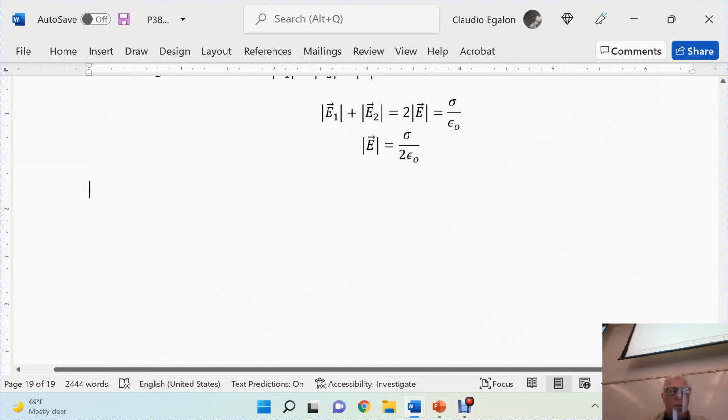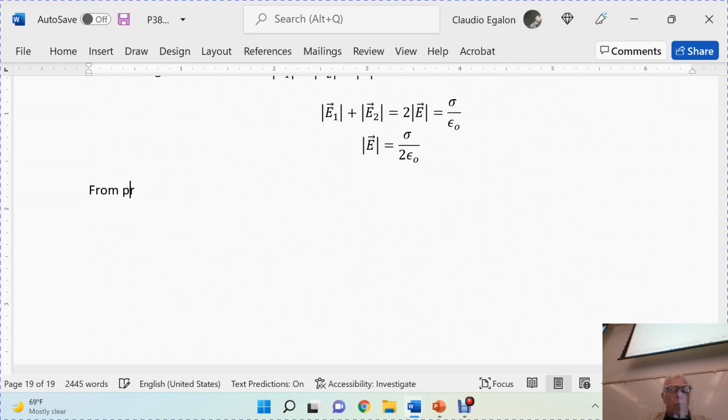Okay, from the previous result for a disk, for x much less than R, we got the following electric field.